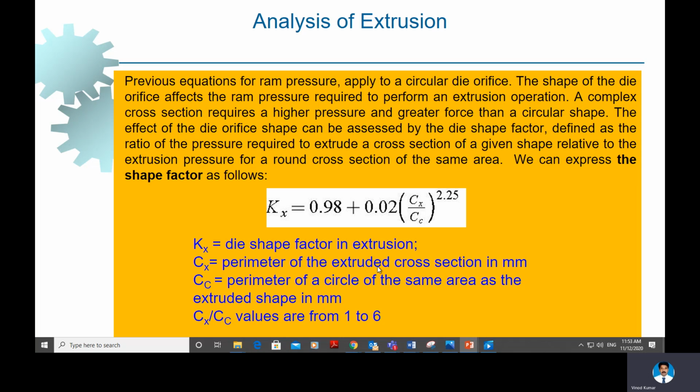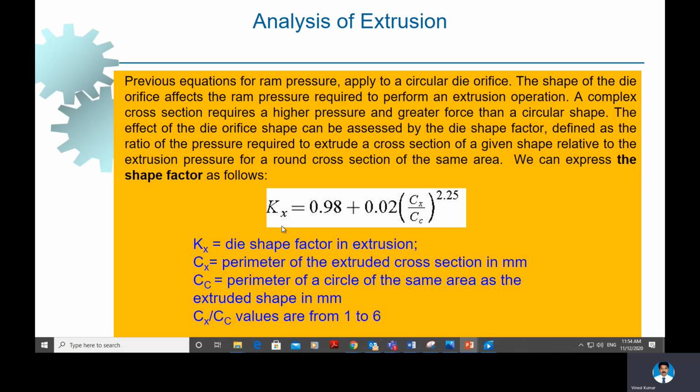Cx is the perimeter or circumference of the extruded cross section in millimeter, and Cc is the perimeter of a circle of the same area as the extruded shape in millimeter. So this ratio Cx by Cc raised to 2.25, if you multiply it by these two constants, you will get the shape factor, and Cx over Cc normally varies from 1 to 6.